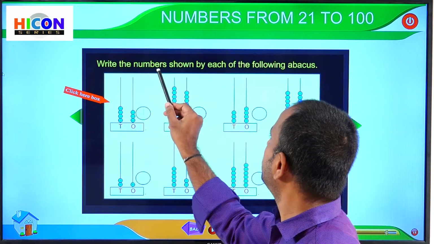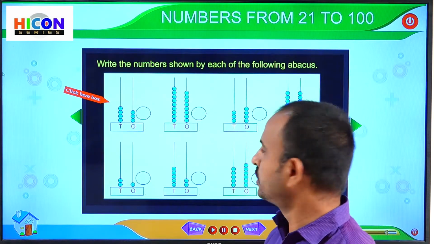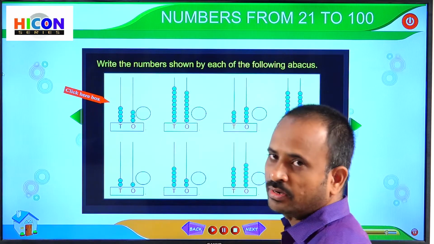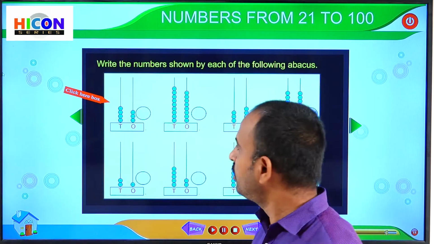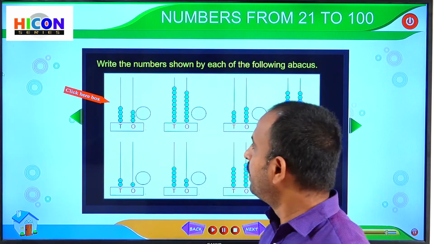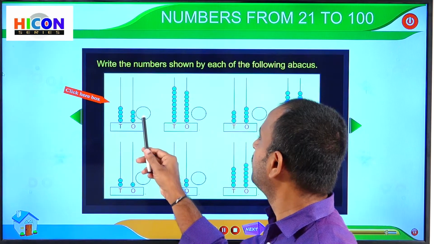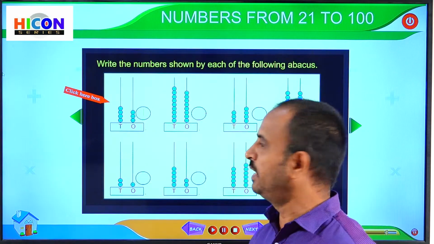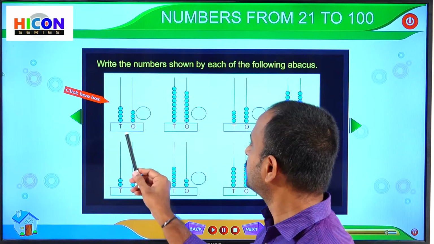Write the numbers shown by each of the following abacuses. There are some abacuses given, and they have kept some beads on each spike. By counting the beads on each spike, we have to write the numbers from the abacus. Let us see how to write the numbers from the given abacus. See the first abacus.